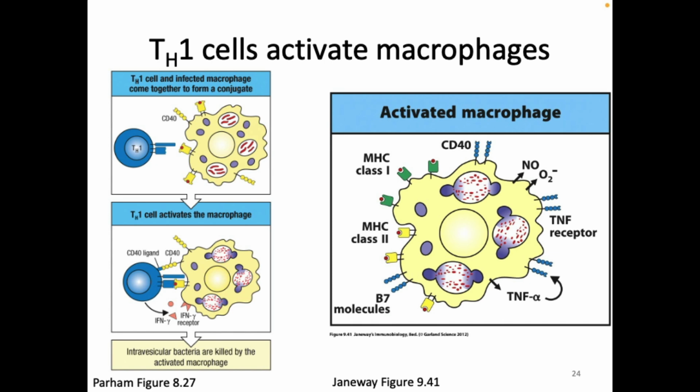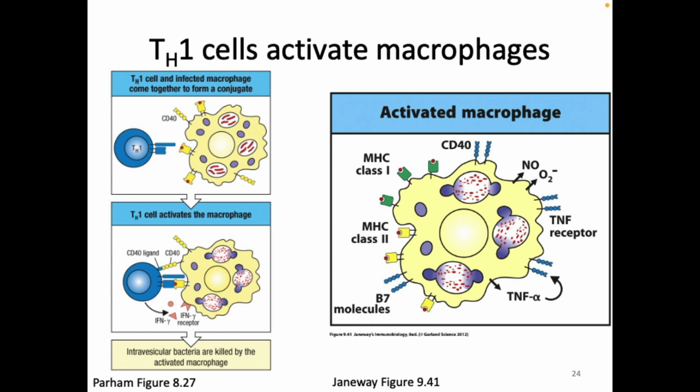Now that macrophage is going to be making way more of the things that help it degrade microbes. So if there's anything in that macrophage, we are going to destroy the heck out of it. And so in the end, the Th1 response is really good against viral infection. It's also really good against bacteria that are inside of cells, intracellular bacteria.